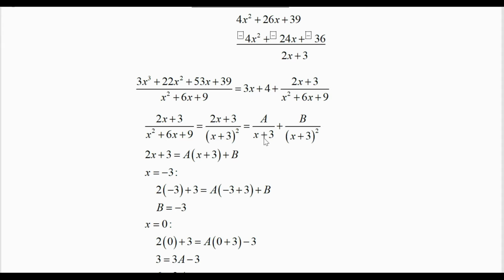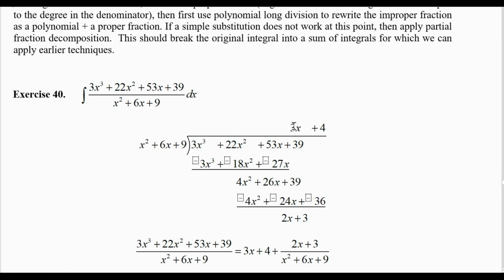So let's see. The quotient was 3x plus 4. The remainder was 2x plus 3. So the original fraction is 3x plus 4 plus 2x plus 3 over x squared plus 6x plus 9. Now that we have this as a proper fraction, and only after we have it as a proper fraction, we can do partial fraction decomposition.